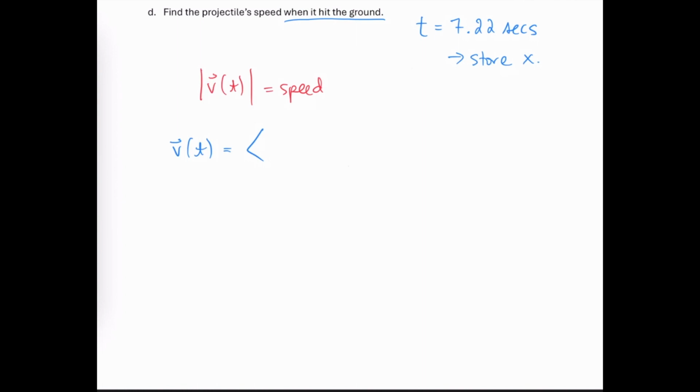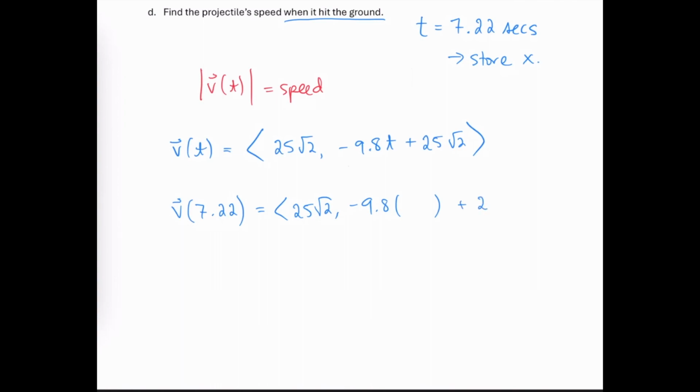As a reminder, the velocity vector turned out to be 25√2 and then negative 9.8 t plus 25√2, and that was my y component. So to get the velocity vector when we hit the ground, we're going to plug 7.22 into the parameter, and we'll end up with 25√2 as the x component and negative 9.8 times t plus 25√2 as the y component.